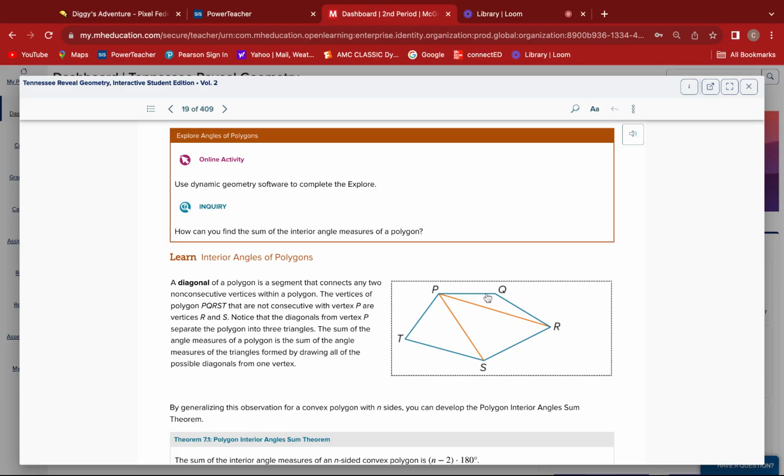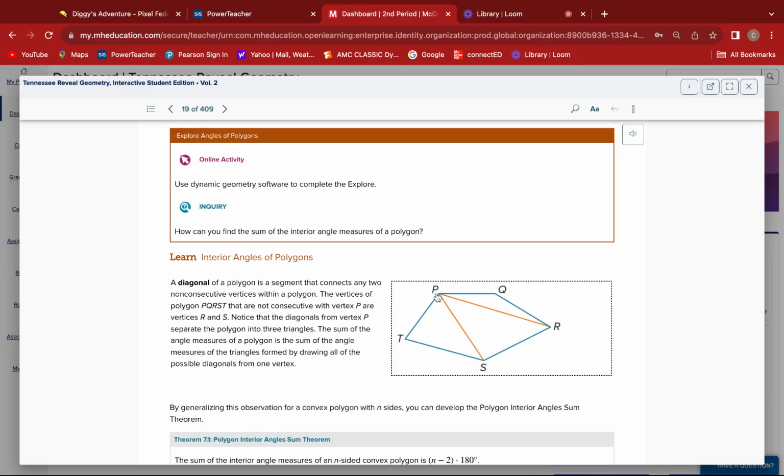So we've got this 1, 2, 3, 4, 5, this pentagon right here because it has 5 sides. And they picked angle P, not that it really matters which one you choose, but you draw all the diagonals that you can to see how many triangles will actually be inside of the pentagon. So pick one angle, and they drew a diagonal from P to R. They drew a diagonal from P to S. And PQ won't work because that's the side of the pentagon.